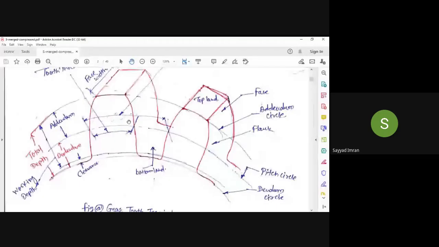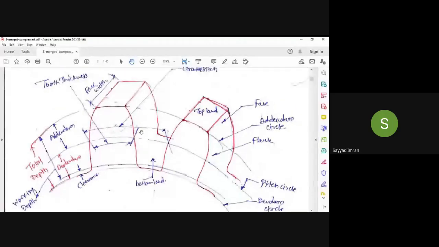Okay. So exactly at the center you can find a curve or arc, which is shown by a center line curve. Another curve at the top, and another curve at the bottom.